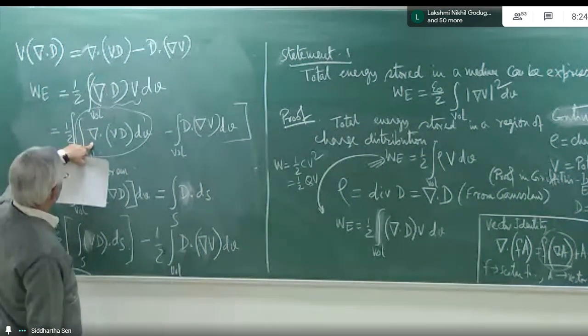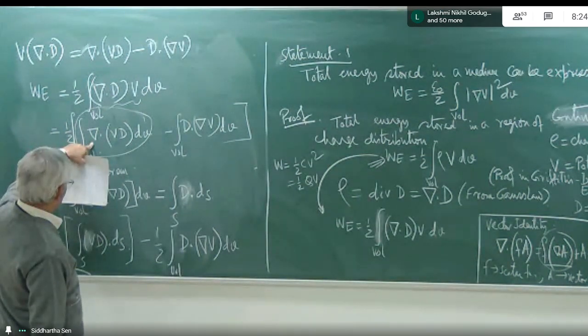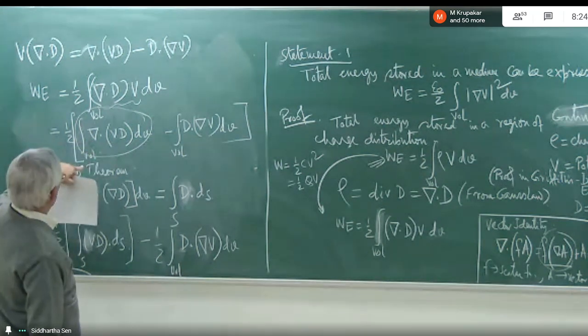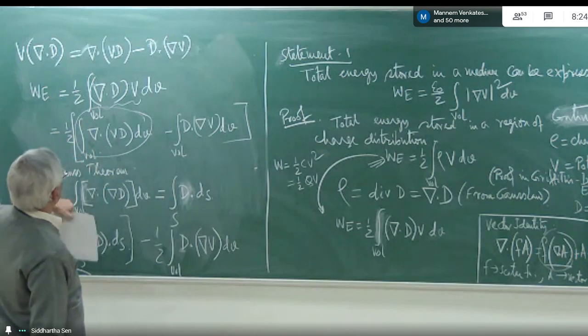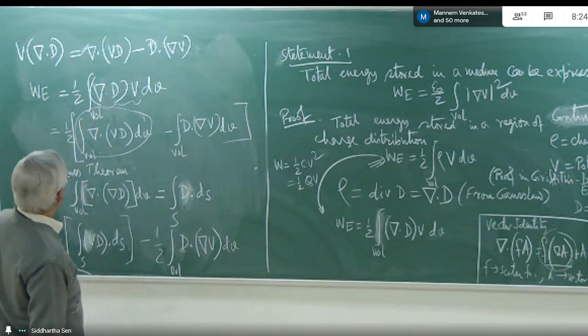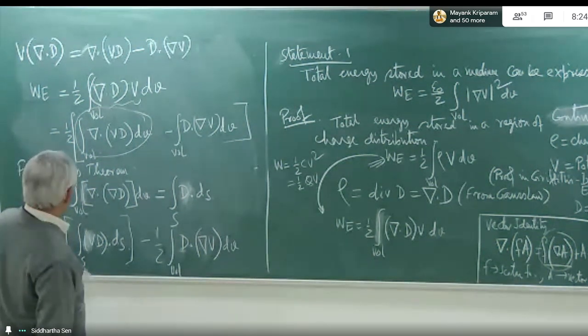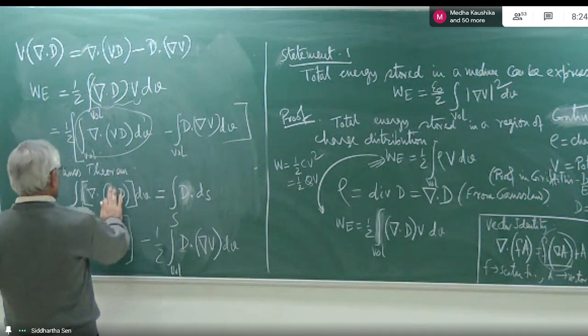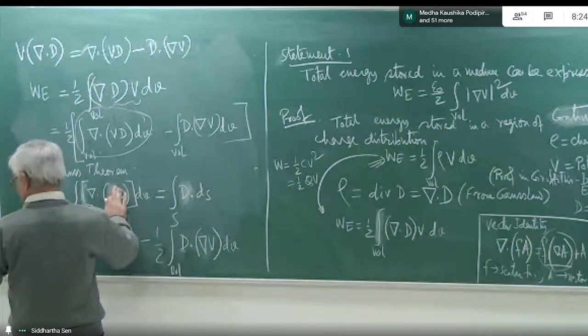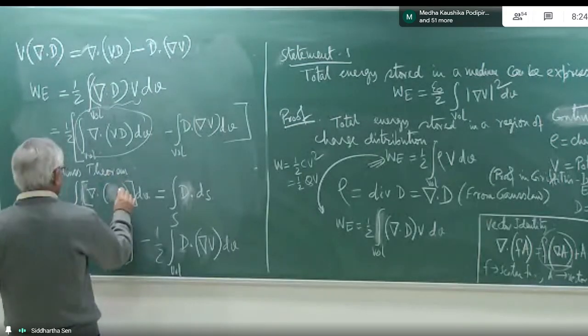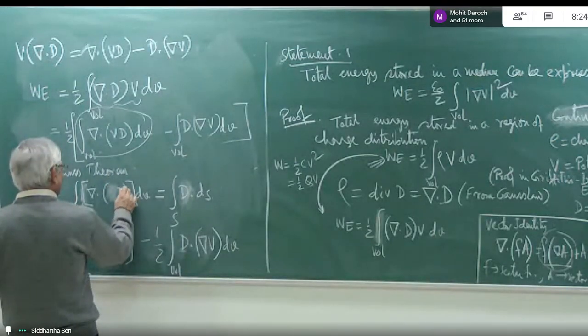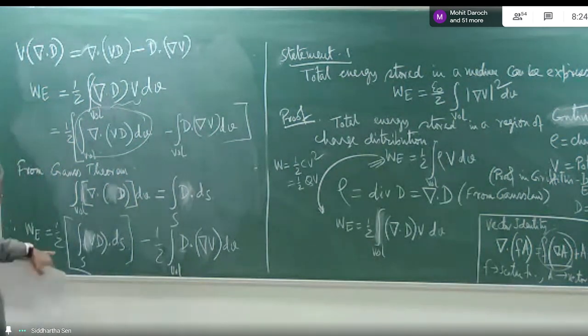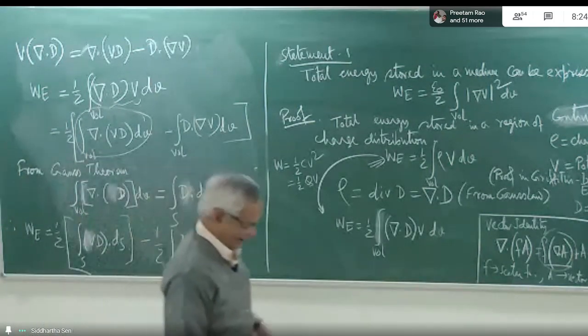But in the Gauss theorem, you have written nabla D. Sir, then the next step, del dot D, I think. Gauss theorem, the left side, del dot D. Oh, I think sorry, it's del dot D. Yes, sir. Okay, thank you. So many nabla. Thank you. So is it okay? Okay, sir. Yes, sir. Thank you very much. Okay.